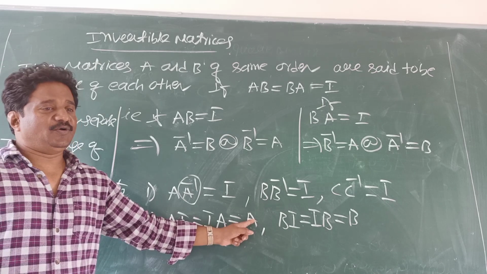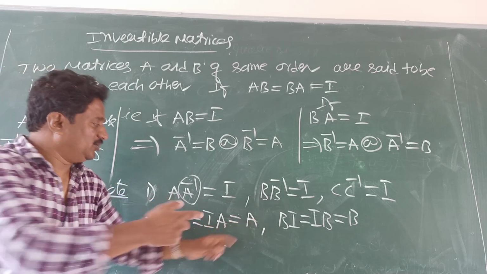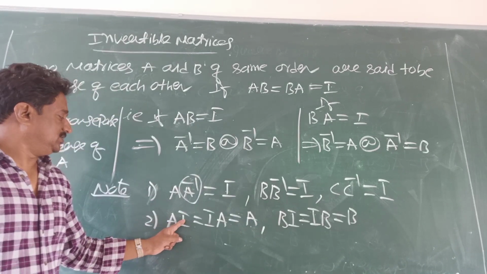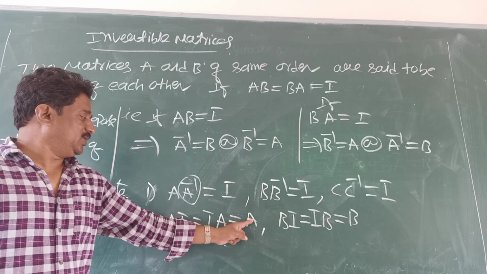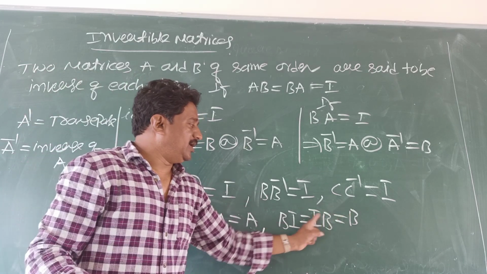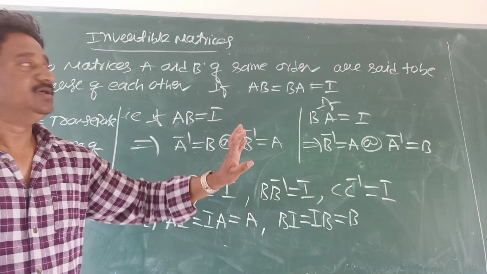Surely you will get A only. If you have time, cross check this second property. I hope you understood these things.